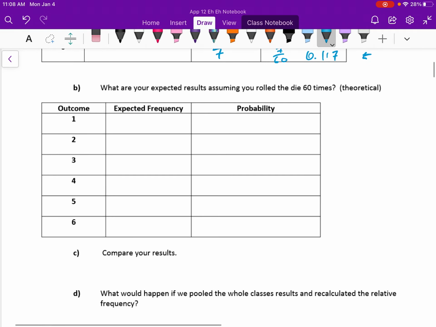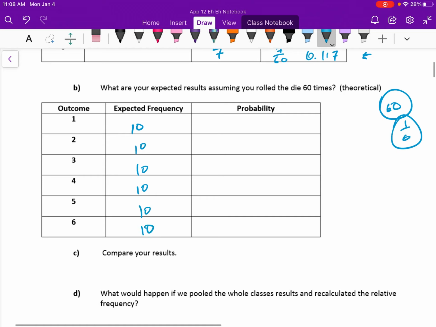So B, what are your expected results, assuming you rolled the die 60 times? Well, what did I expect? Keep in mind, I'm rolling it 60 times, and the probability of rolling a given number on a die is 1 in 6, so I'm going to expect to roll 10 of these.